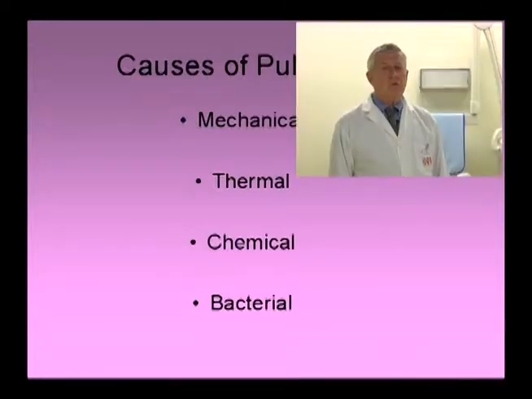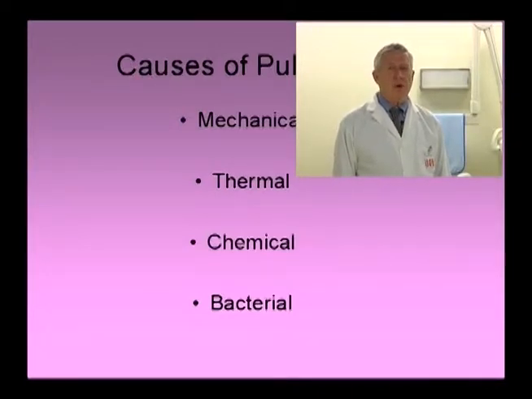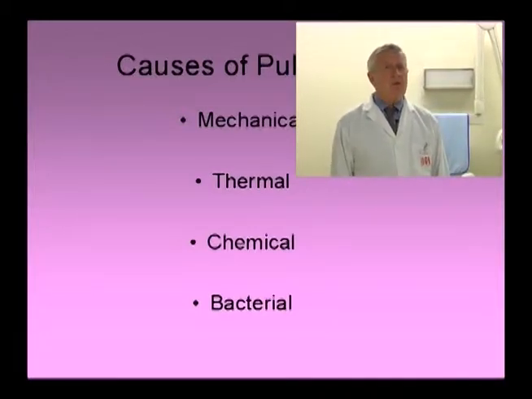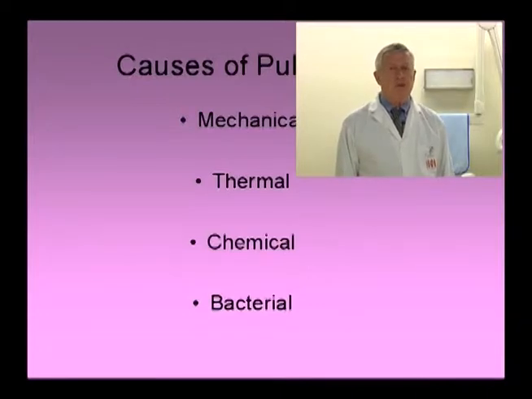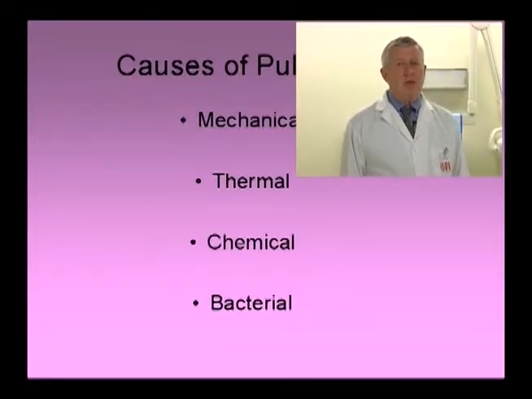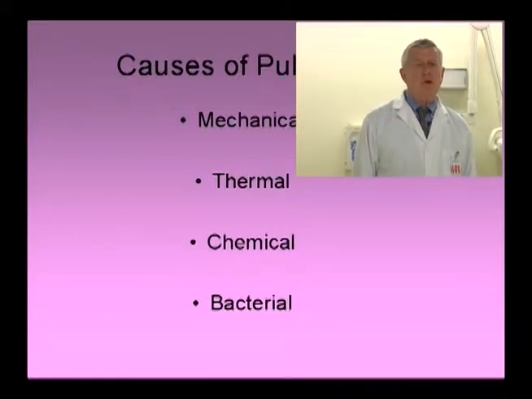It can be chemical, from things that may be applied to the pulp, cements and various other protective medicaments that we use, or it can be bacterial, in the case of a carious lesion extending to the pulp tissue, and through that, from the carious lesion and the environment, bacteria extend to the pulp, generating an inflammatory response.